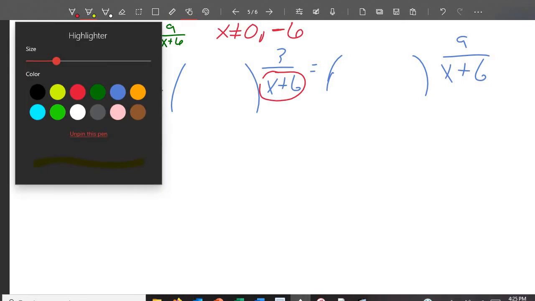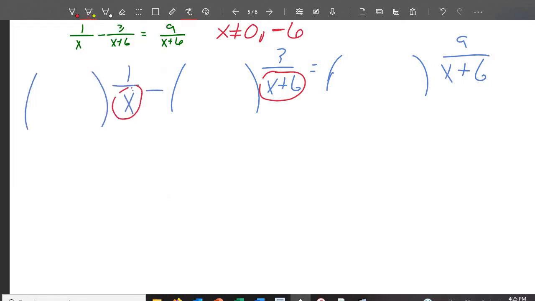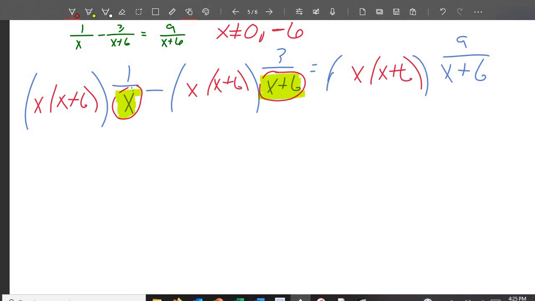Now, I'm going to highlight all the different things in the denominators, and everything that's different is going to go in the parentheses. So we have to have an X and an X plus 6. Now comes the crossing things out.